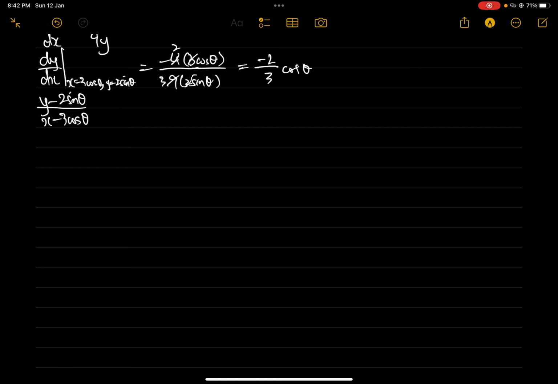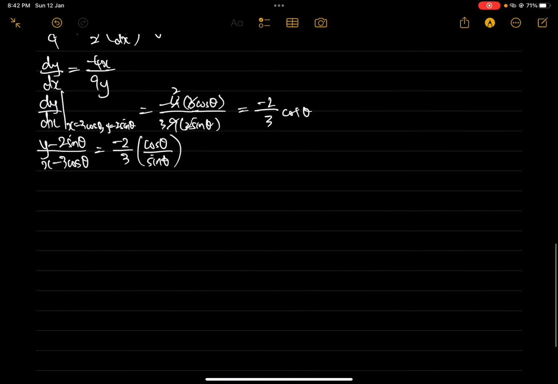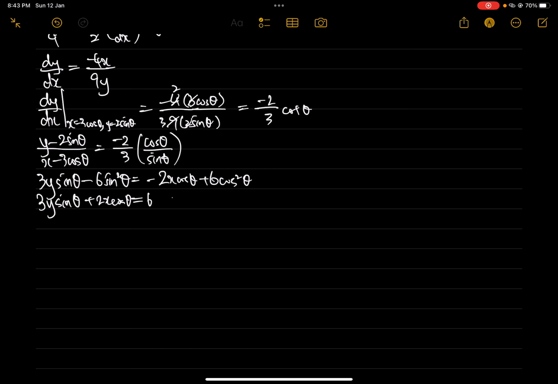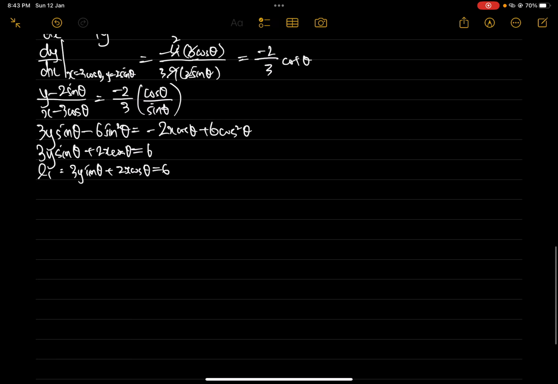This is basic math anyway. Which means we have, and which means L1 is this. And that's it for part C.